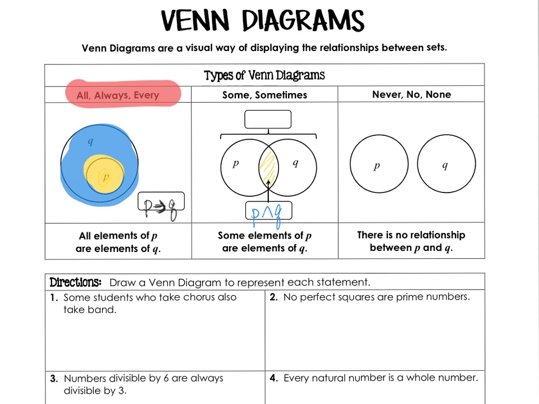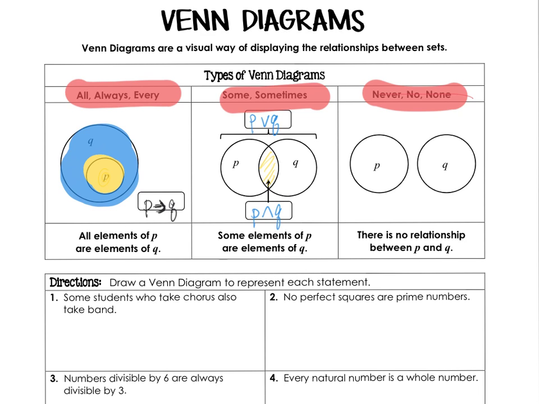They're either in P or Q, and together, everything in P and everything in Q is both circles together. And sometimes there's no relationship at all between P and Q. They don't overlap at all, and that's the third scenario that you see here. And some keywords to pay attention to.